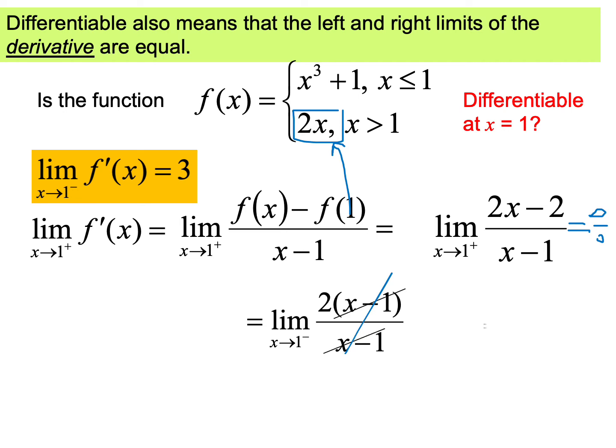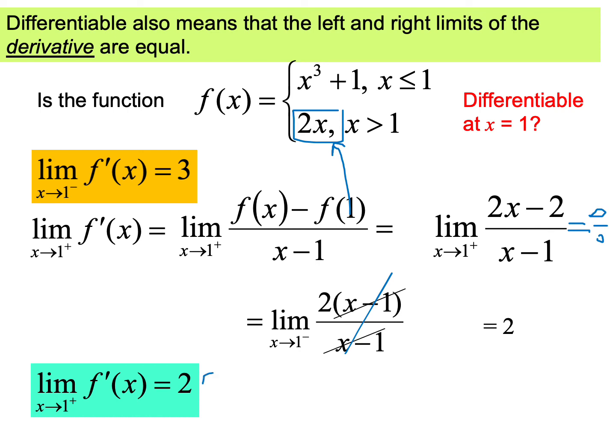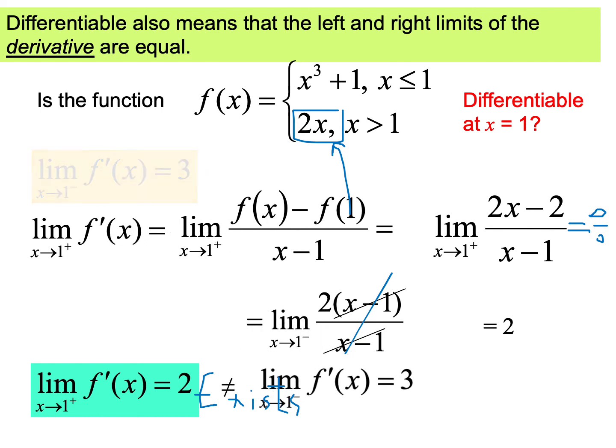So I get the limit equals 2. This gives me the answer that the derivative does exist from the right, and it also exists from the left. But unfortunately, the left derivative doesn't equal the right derivative.